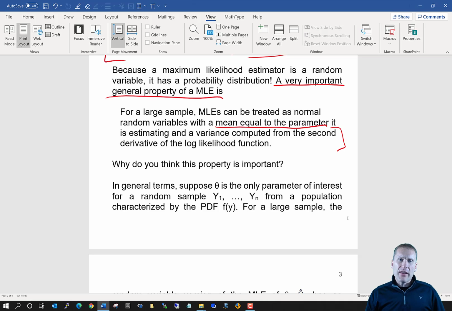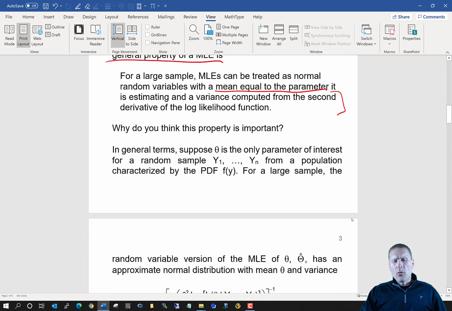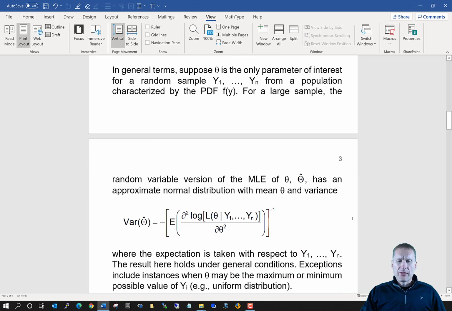Because of that, we could make inferences with a certain level of accuracy from the sample to the population by using confidence intervals and hypothesis tests. The same thing occurs here because these maximum likelihood estimators have a corresponding probability distribution that we can work with. So let's talk more about how to find this variance.